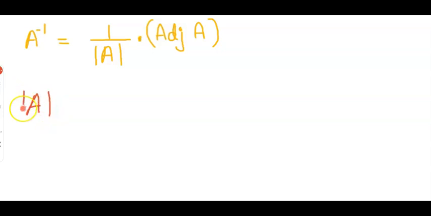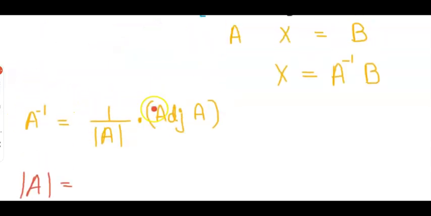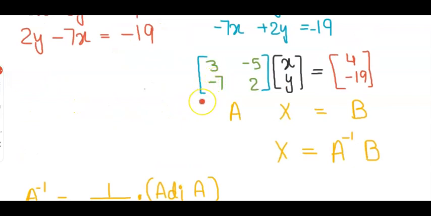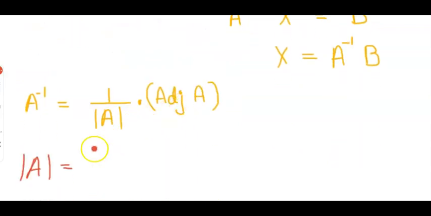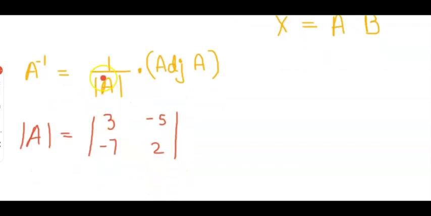So the determinant of A. We have the matrix A, 3, minus 7, minus 5, 2. This is the first step: we find the determinant of A. Can you please find this determinant so we can sort this out? When we find the determinant, we multiply along the diagonal: 3 times 2 is 6.